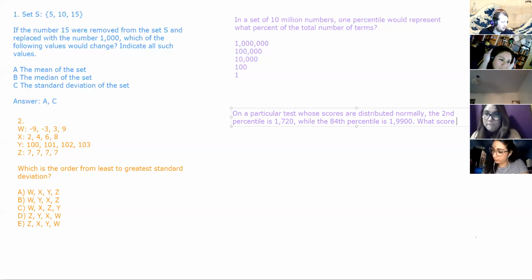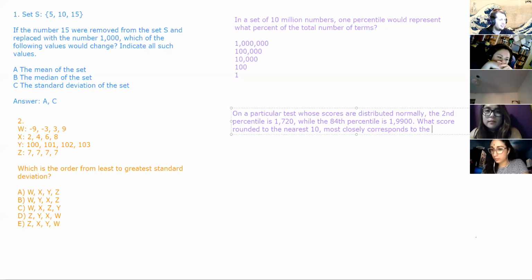What score, rounded to the nearest 10, most closely corresponds to the 16th percentile?